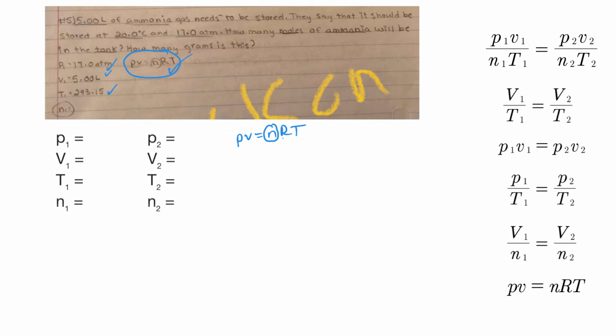So I want to get rid of the R and the T. So since they're being multiplied on the top there, to get rid of them, I'll divide this side by RT, and on this side divide by RT. These cancel, so I'm left with moles is equal to PV over RT.